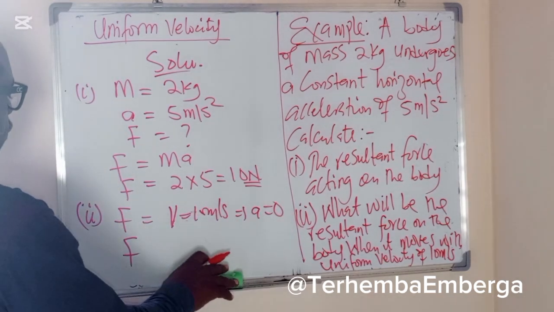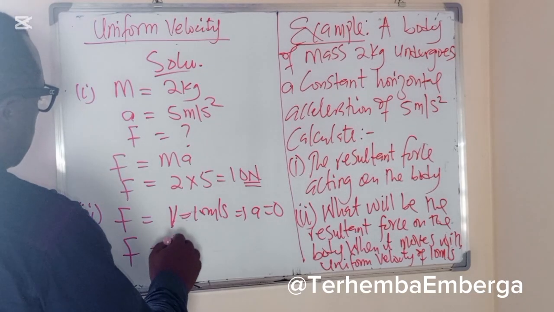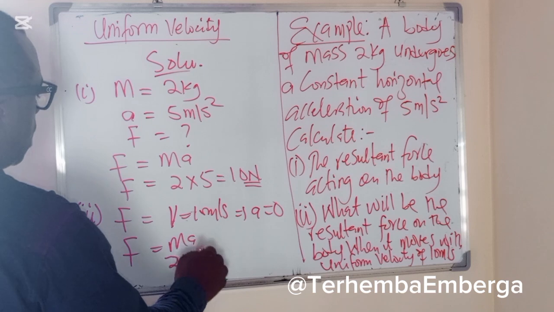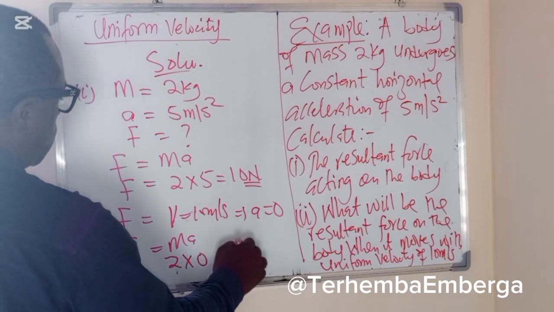So we can say that F is equal to ma, and the mass is 2 times the acceleration is 0, which is equal to 0 Newton.